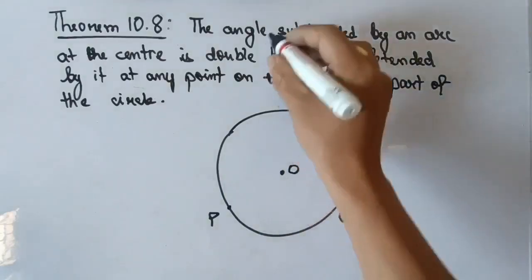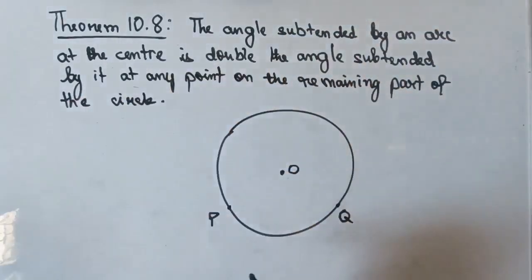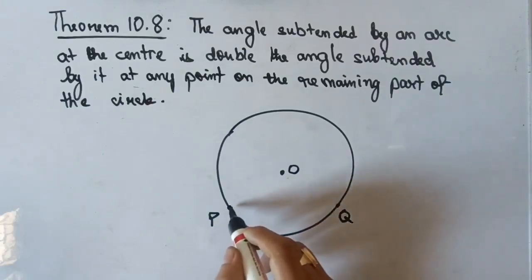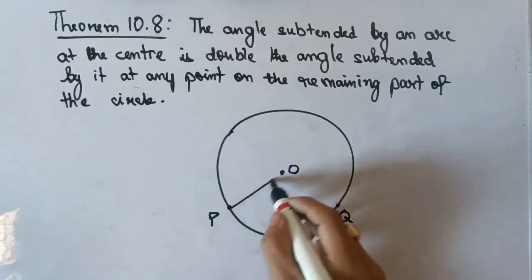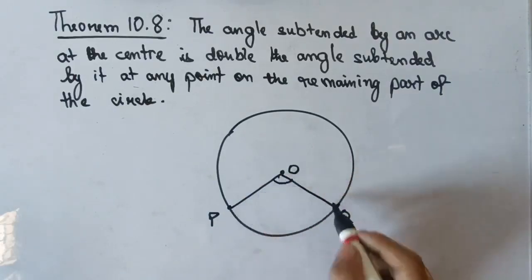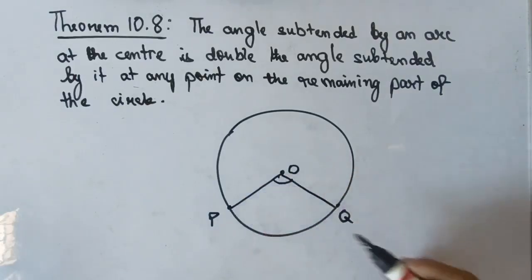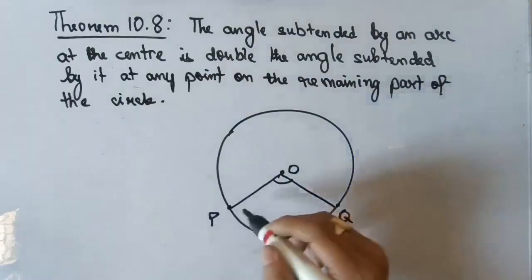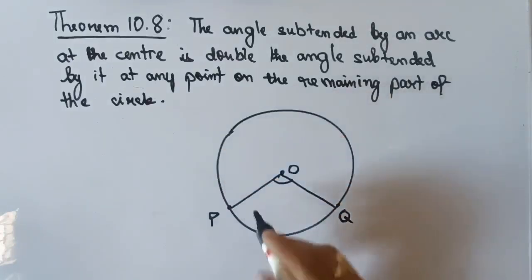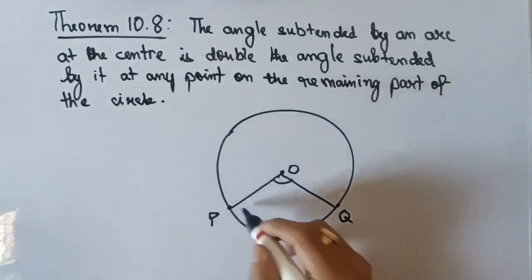So the theorem says the angle subtended by an arc at the center. So this arc PQ subtends an angle at the center, that is, this angle POQ is double the angle subtended by it at any point on the remaining part of the circle. The remaining part of the circle will be this one, there is this major arc.